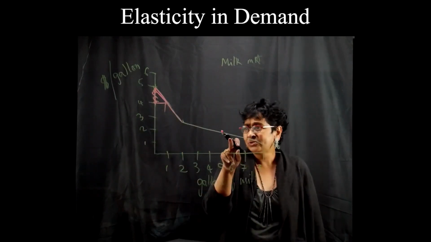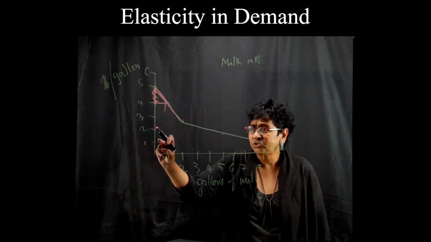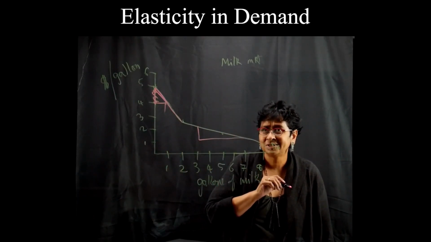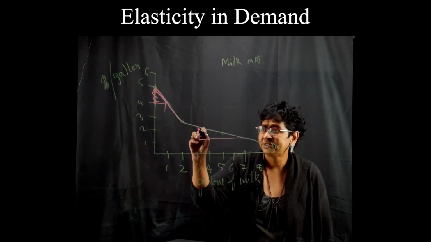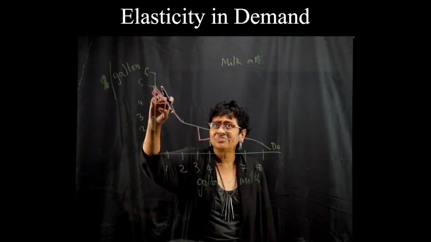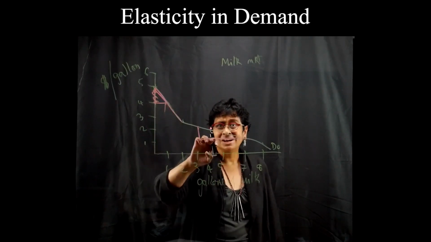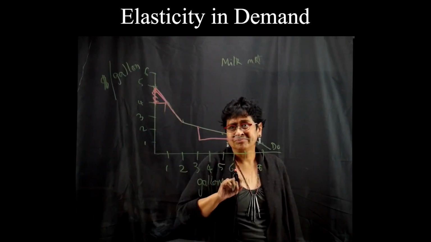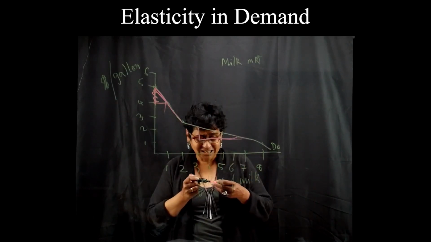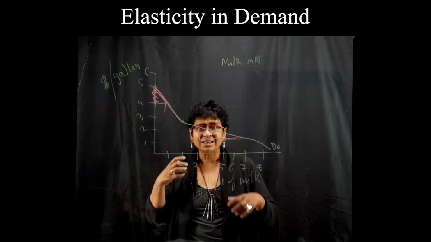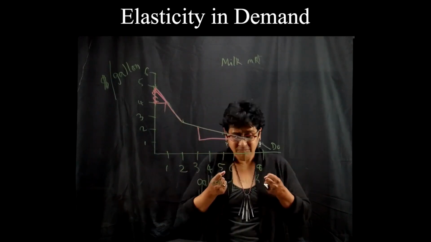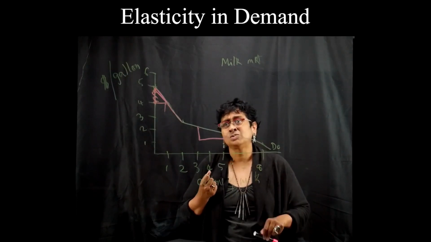But when you come to this region of the curve, a $1 price drop generates a huge increase in quantity. Do you see that? Over here, the same $1, huge increase in quantity. What this means is up here, there's not very much responsiveness. Down here, there's a ton of responsiveness. So elasticity is a formula that seeks to show you the responsiveness of quantity to prices.